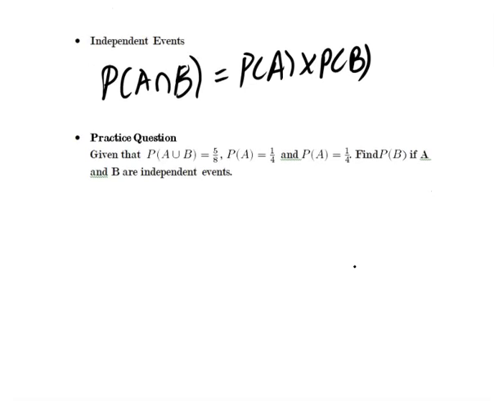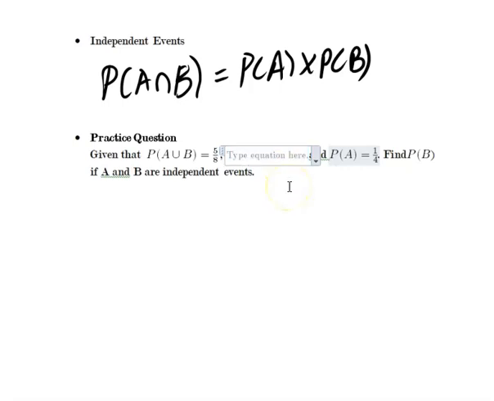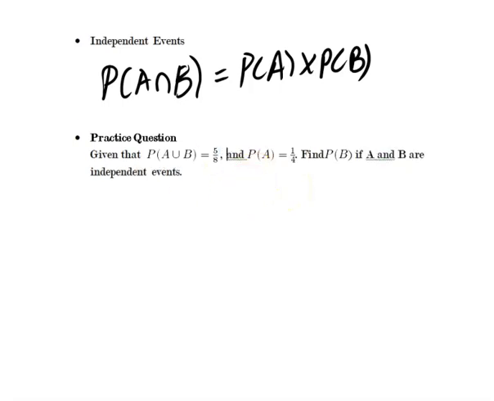Given that the probability of A union B is 5/8 and the probability of A is 1/4.